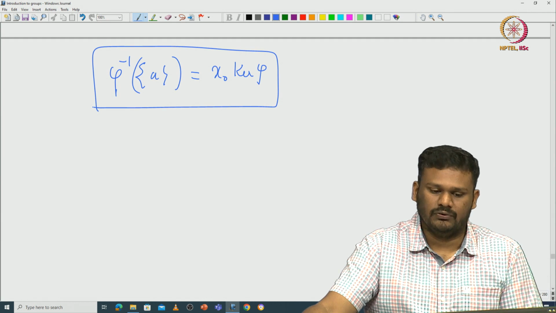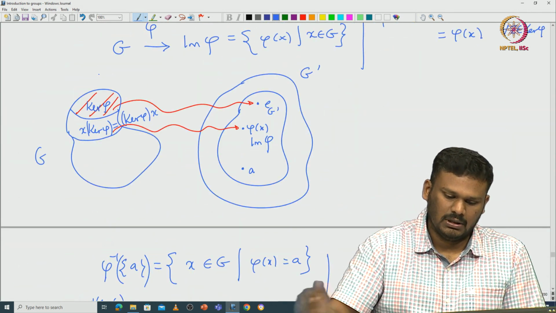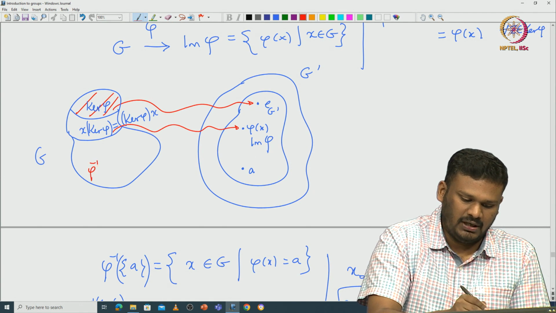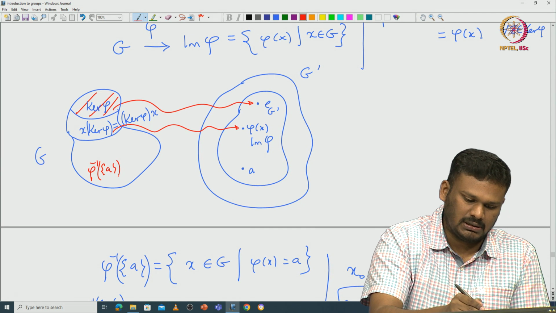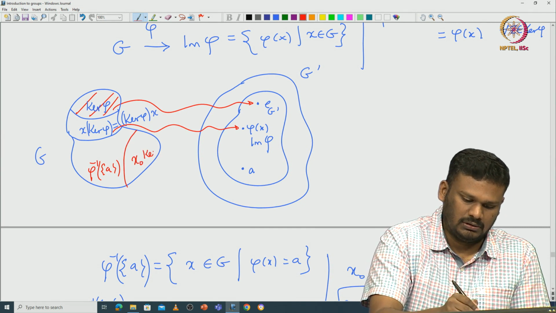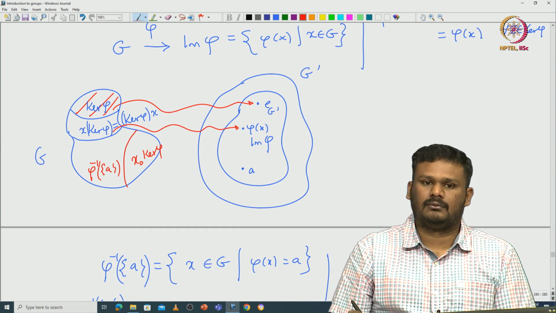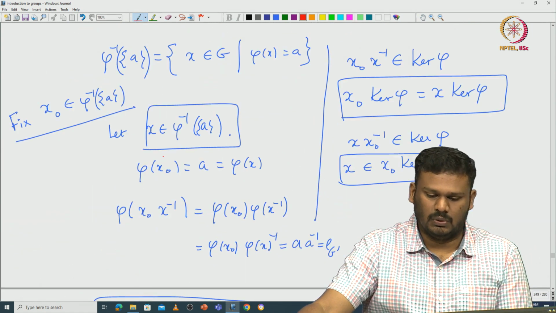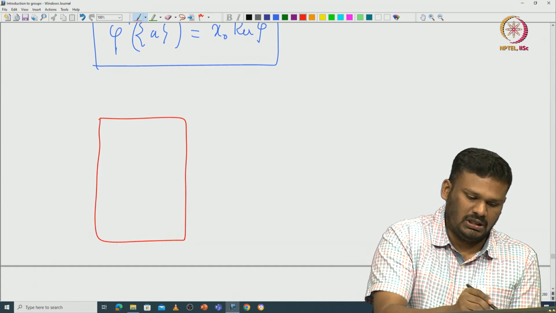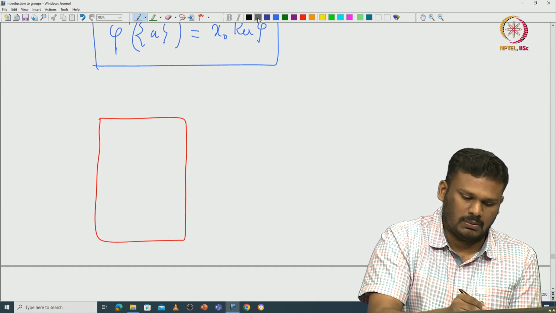Okay. So if you go back to our diagram, if you take this A and then look at phi inverse of A, this is just another coset x naught kernel phi. Basically, what we have done is divided this G into these small pieces.